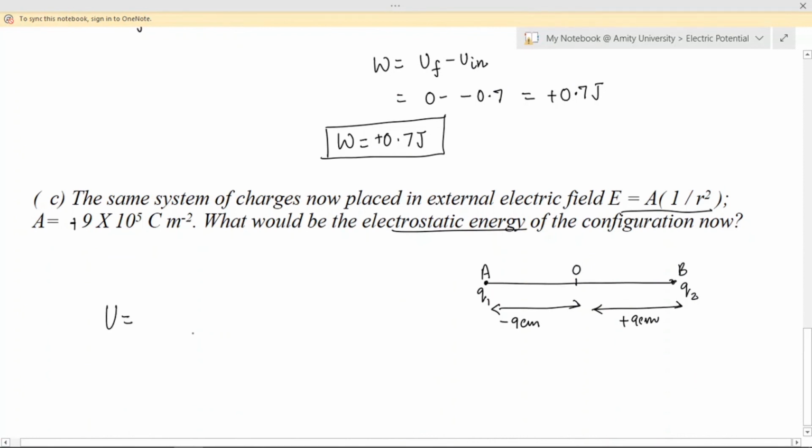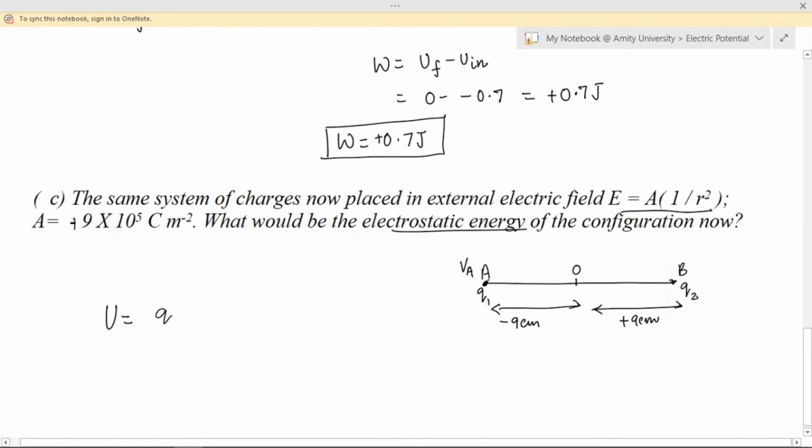we have two more contributions to the energy, which are the energy of interaction of the two charges with the external field. Due to Q1, the work done in bringing Q1 from infinity to point A is also responsible, due to the potential present at point A, that is VA.